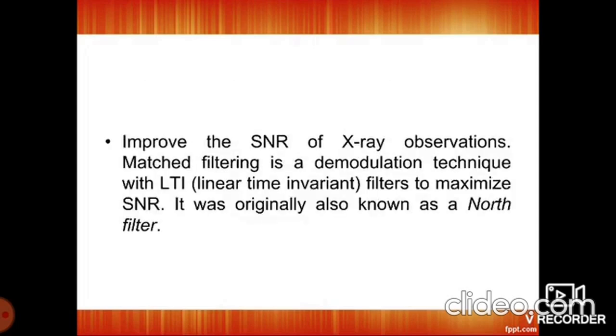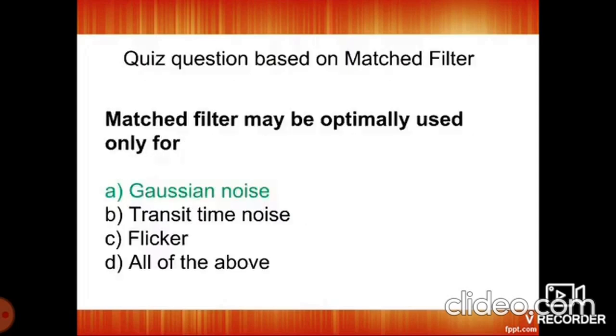Two-dimensional matched filters are commonly used in X-ray image processing, and the error rate of matched filter is comparatively better, and it produces better signal to noise ratio, and it uses the Schwarz inequality theorem. The minimum error probability of matched filter P of E equals 1 by 2 into error function of root of E by N naught.